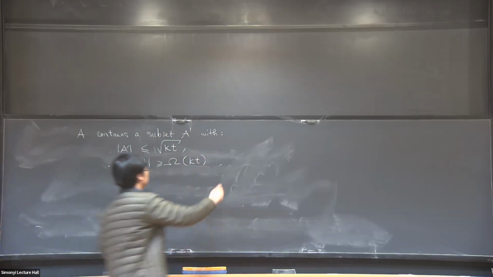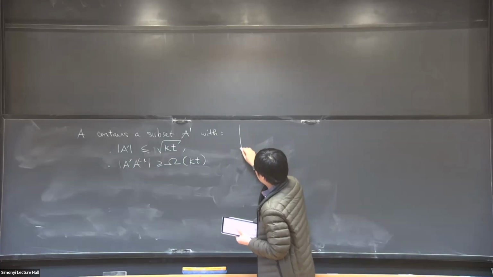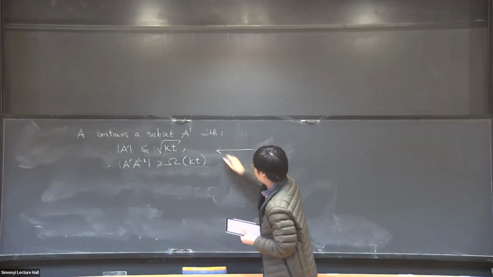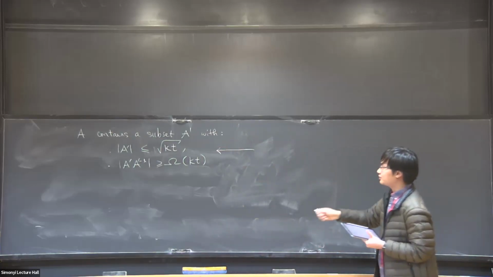Okay, and the proof of this is actually very simple. How can we find a subset A prime?